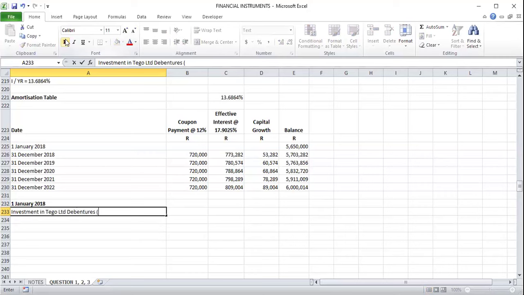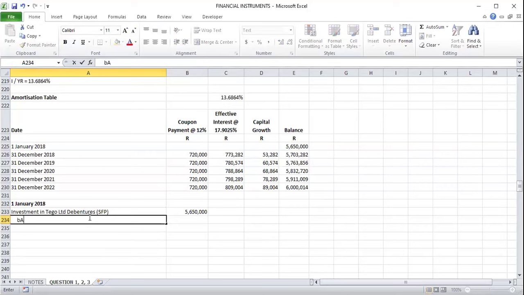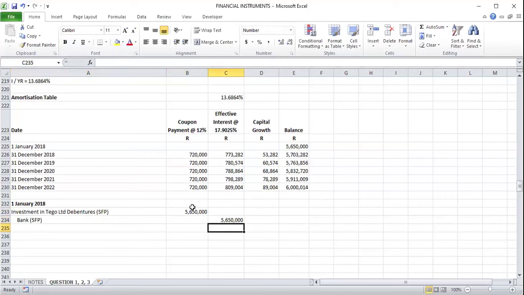When we acquire an asset, our asset increases, so we debit it at that 5650. Then we credit, and we don't have to record the transaction costs. They will be absorbed in the investment. That 150.